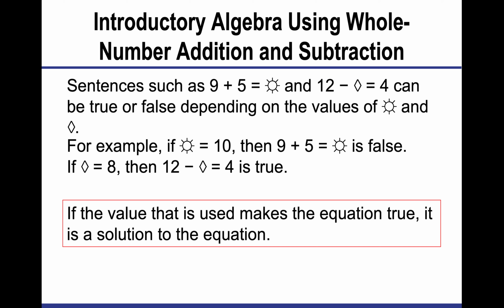And if a value makes it true, then we tell them, yeah, that's a solution. And that is such a vital concept in Algebra 1. We ask them so many times, is this a solution? And they need to understand it's a solution if it's true. So when you're extending this, as your students become ready for this extension, we want to level them up so that they're building the scaffolding for that algebraic thinking.